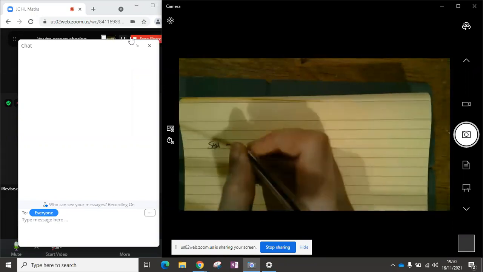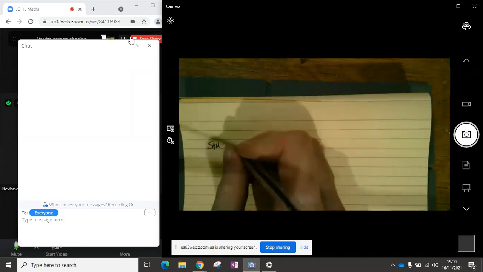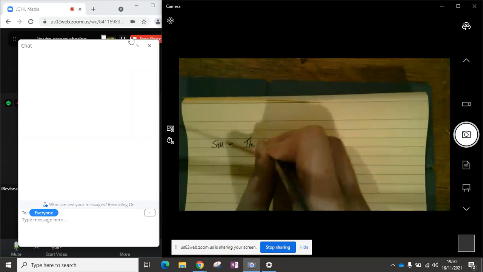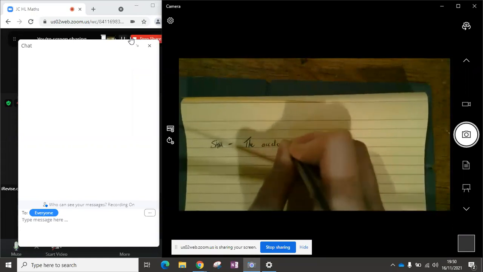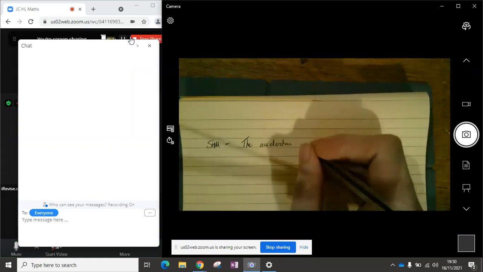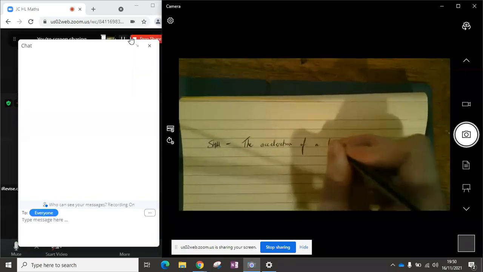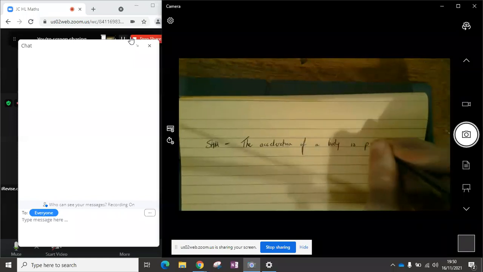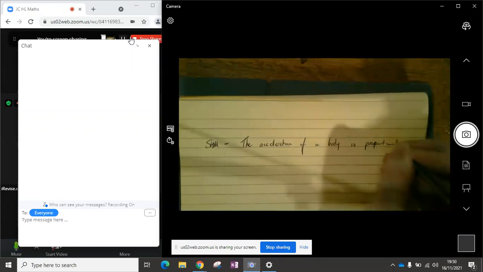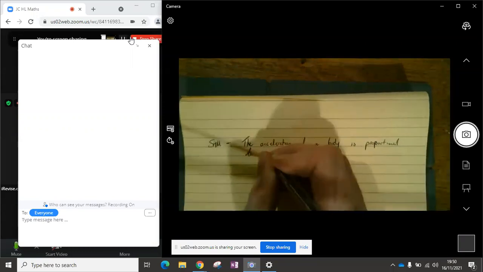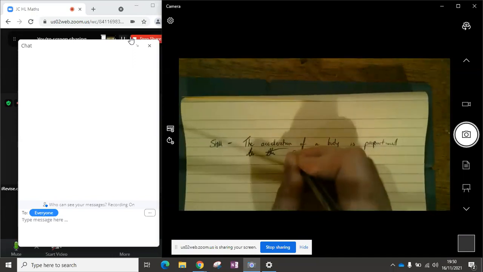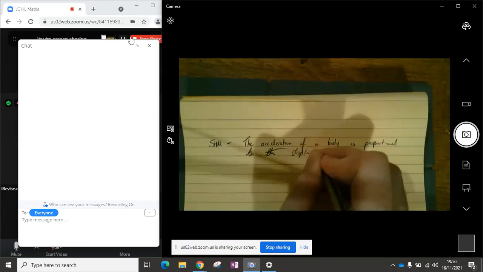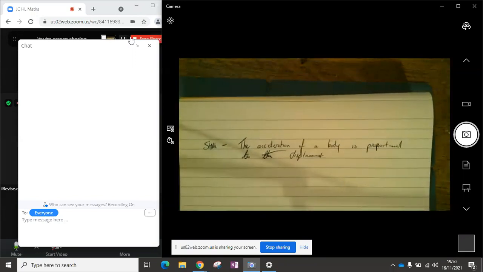Simple harmonic motion, SHM, we say, is taking place when the acceleration of a body is proportional to the displacement. Simple. Okay, the acceleration is proportional to displacement.